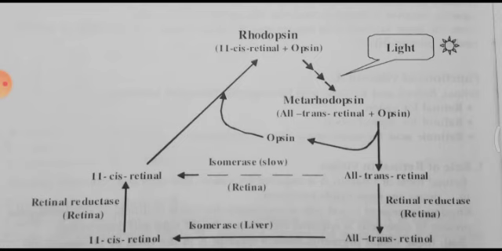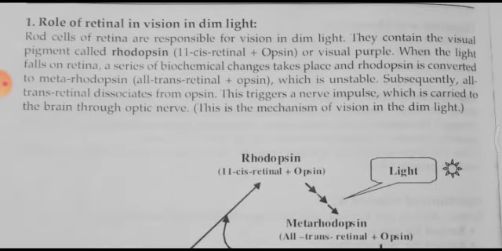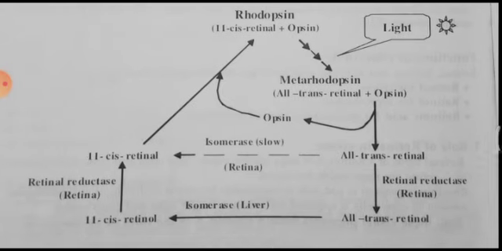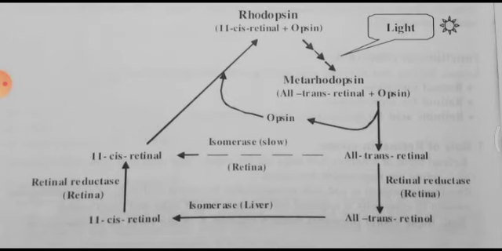You can see in this illustration, at the top, rhodopsin is a protein present in the retina. It is a visual pigment. When the light falls on the retina, the rhodopsin protein, which is made up of 11-cis retinol and opsin, undergoes photolysis.